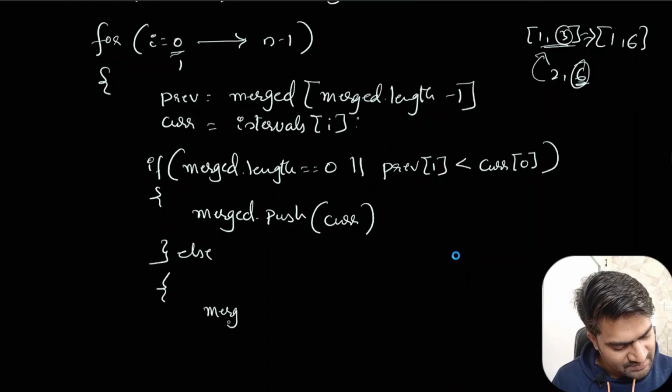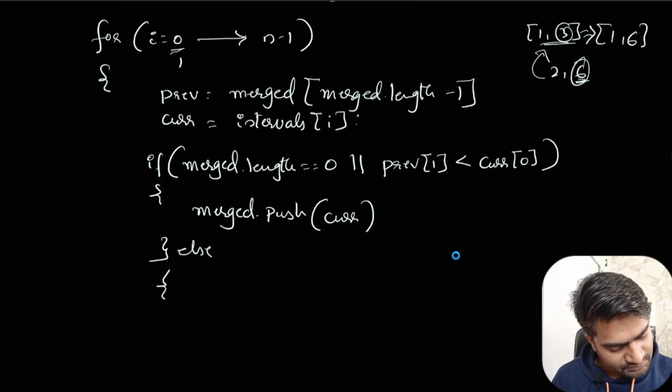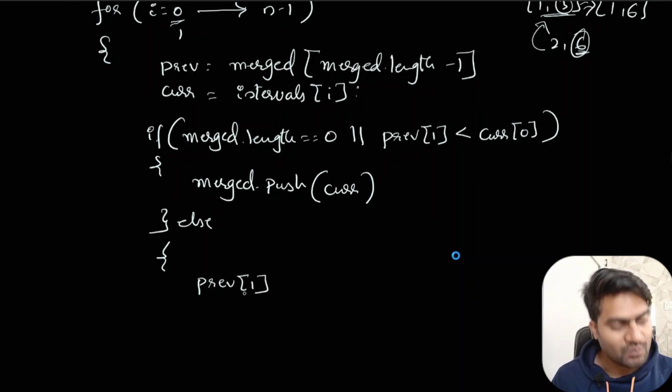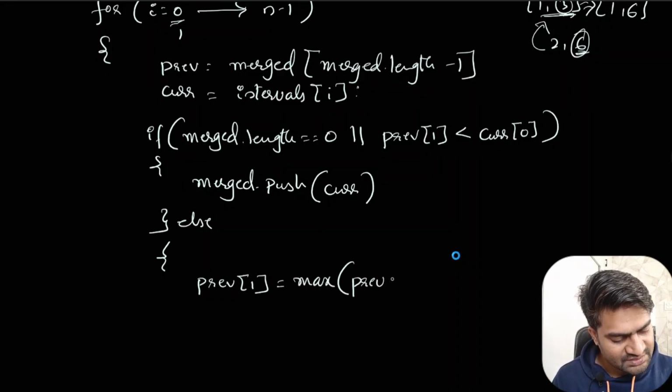So I will say my previous of 1, so that is basically this particular value, then equal to max of previous of 1 comma current of 1.